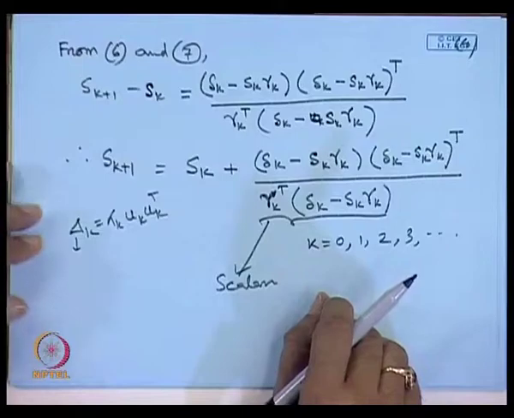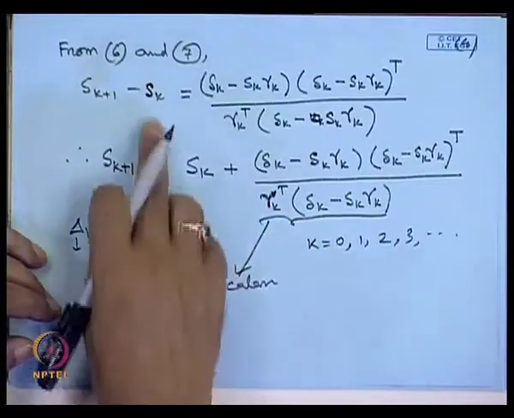Now the advantage: you do not need to check the descent direction, which in turn required that the Hessian matrix must be a positive definite matrix.